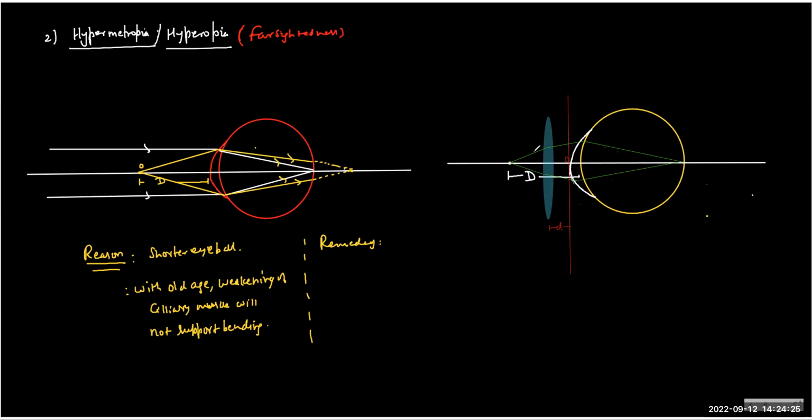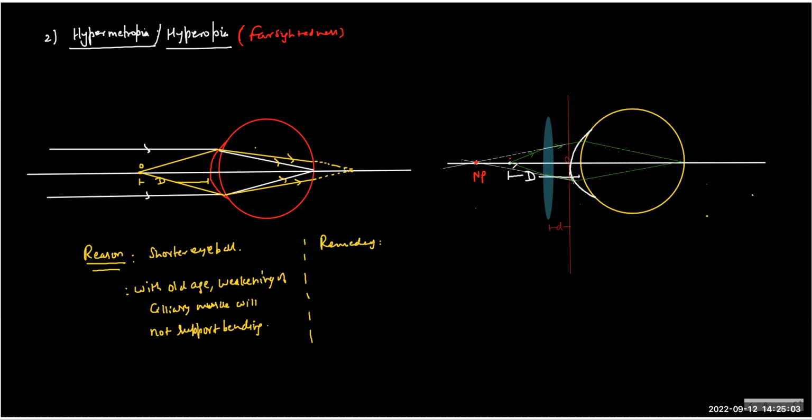So if you extend this line, which the lens has bent, it will intersect here. And this is, let's say, where you are able to see now, which means this was your near point. Okay, so your near point has shifted from D to NP. Is this clear?